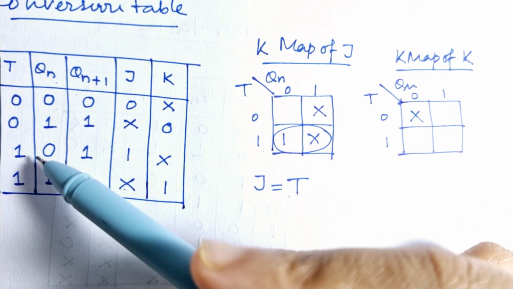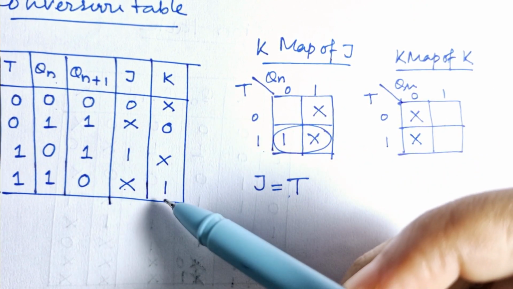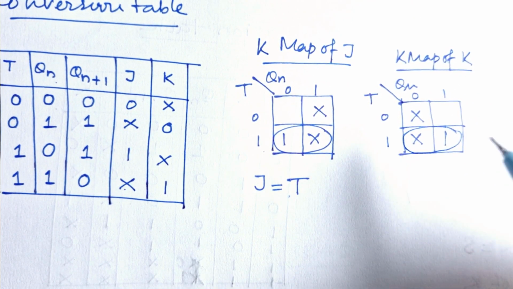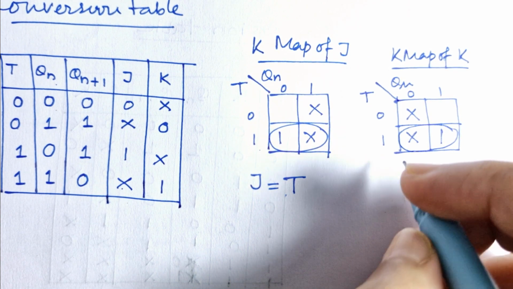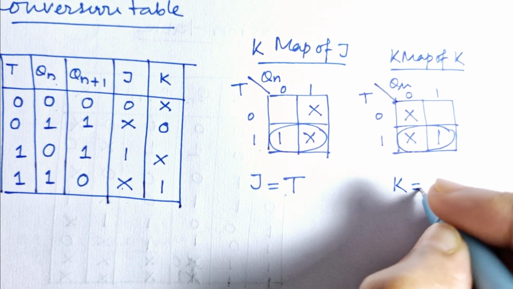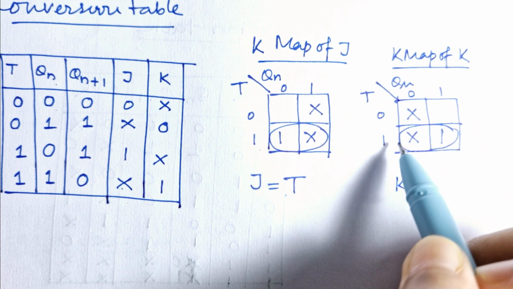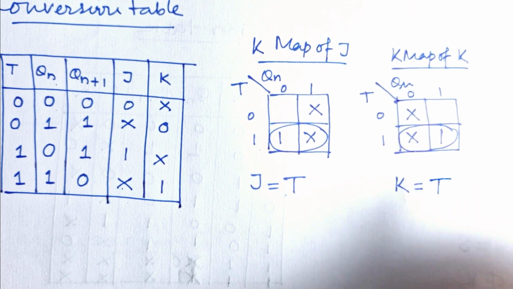Then for T1 we have 0 and 1, so we'll pair it like this, including the 1. So K equals, again between these two cells T1 is common, that is it will also be T.